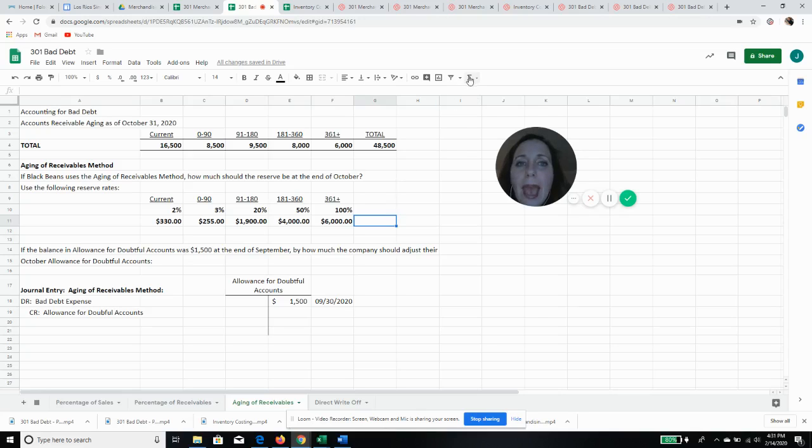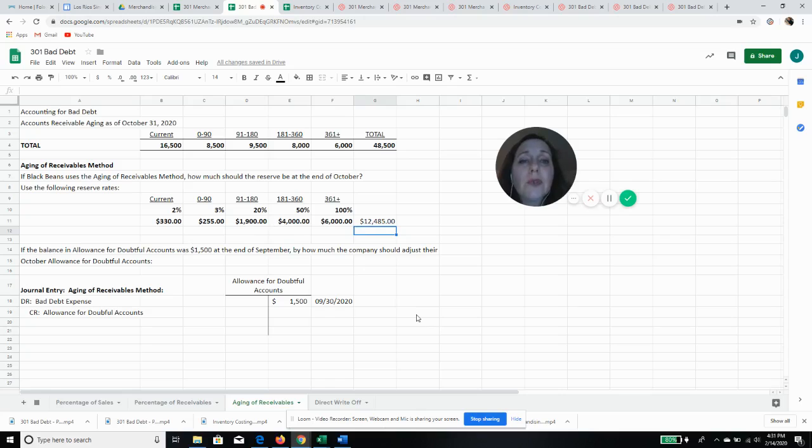So I'm going to add up all of my reserve amounts. My total reserve at the end of October should be $12,485. That's adding up the reserves from each of my aging buckets.